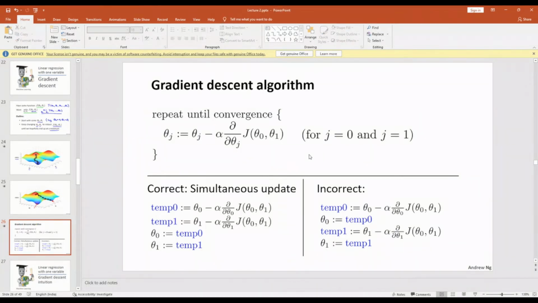This alpha represents the learning rate. We will see one by one what the difference between all this is. This theta j is the last value that we had assigned, and from it we subtract alpha into the derivative of the cost function. Okay, just a second, guys.